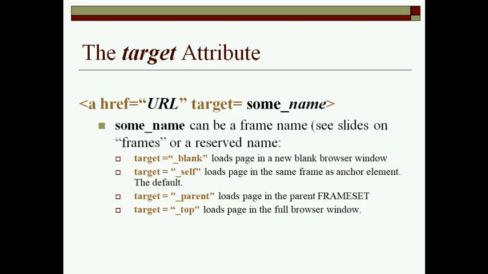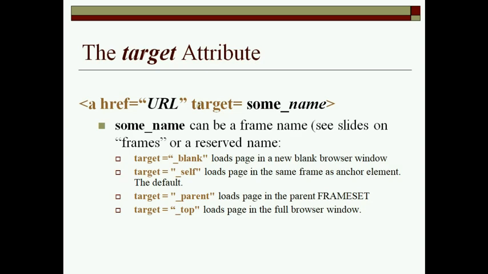The target attribute. In an anchor tag, we already talked about the hyperreference attribute, but there is another attribute which is optional and specifies the target for where this is going to appear. This is if you would like the target to be loaded not in the current window, but in a new window.